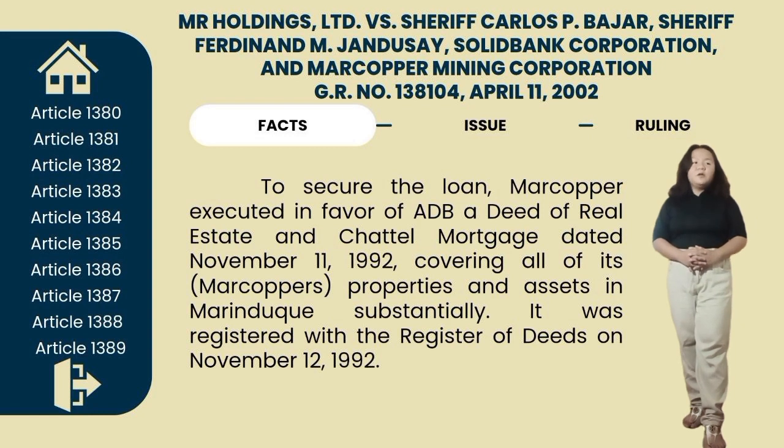When Marcopper defaulted in the payment of its loan obligation, Placer Dome, in fulfillment of its undertaking under the Support and Standby Credit Agreement, and presumably to preserve its international credit standing, agreed to have its subsidiary corporation, petitioner MR Holdings Limited Company, assume Marcopper's obligation to ADB of 18,453,450.0 US dollars.